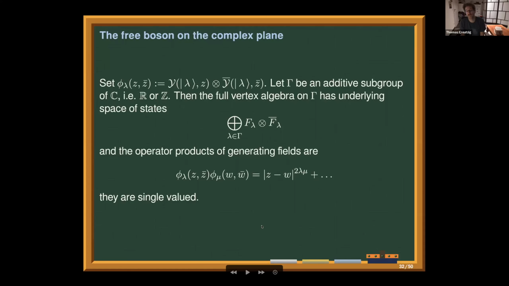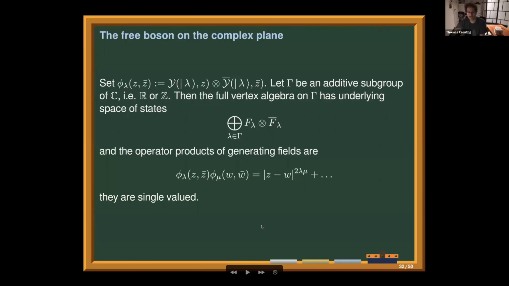But usually, for example, if you want to think about it compactified, you take the integers, and uncompactified the real numbers. And then you would also replace the direct sum by a direct integral. That's not so important. All you see is that the sum is a nice diagonal gluing of Fock modules.